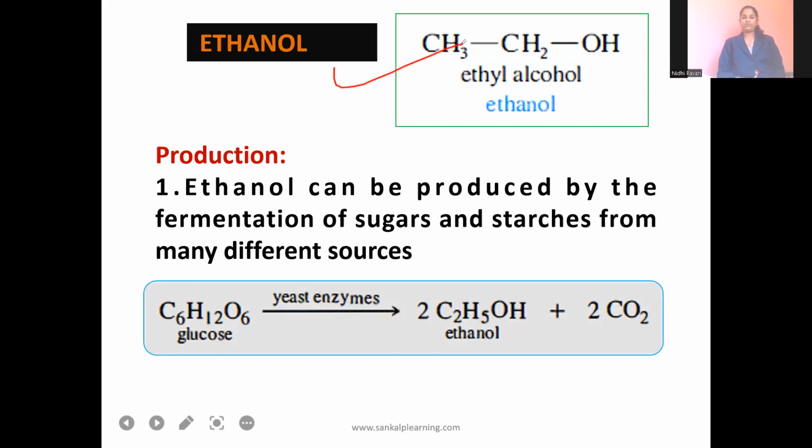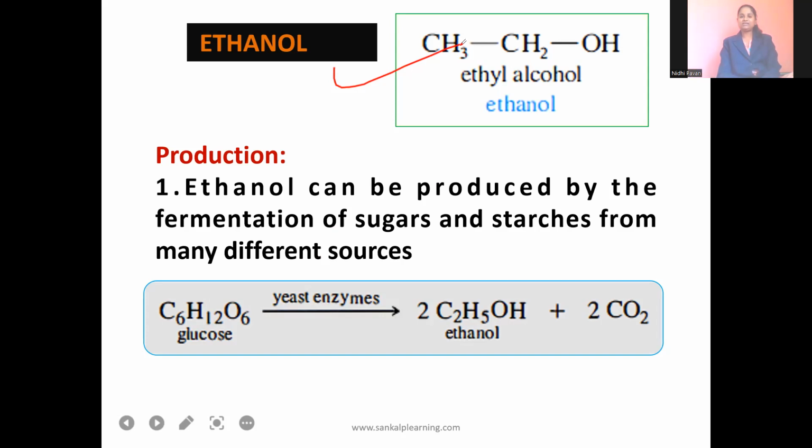How is it produced? Ethanol is produced by fermentation of sugar, that is respiration in absence of oxygen, we can see. Fermentation of sugar and starches from many different sources. So in presence of yeast enzymes, the fermentation of glucose occurs, right? Producing ethanol and carbon dioxide. This we learned in the life processes.